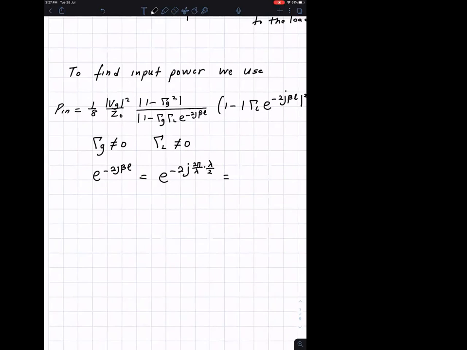If you work that out, it gives e to the minus j 2 pi. How do you find e to the minus j 2 pi?